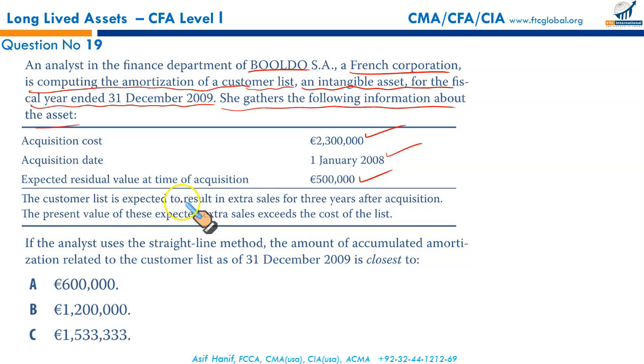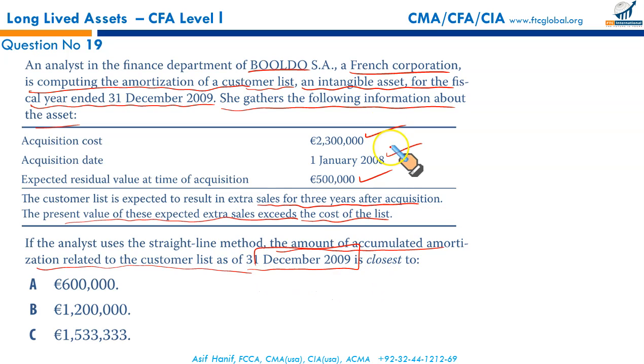The customer list is expected to result in extra sales for 3 years after acquisition. The present value of these expected extra sales exceeds the cost of the list, meaning thereby it's not impaired. If the analyst uses the straight line method to amortize, the amount of accumulated amortization related to the customer list as of 31st December 2009 is?